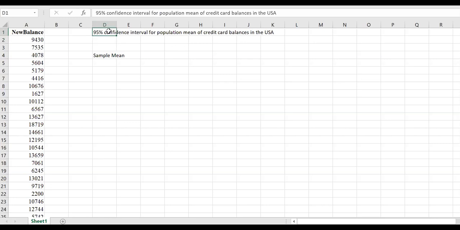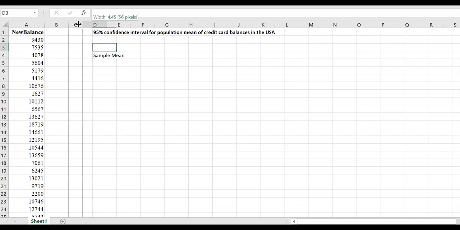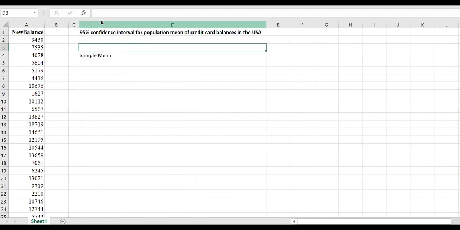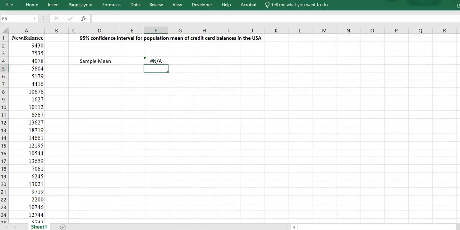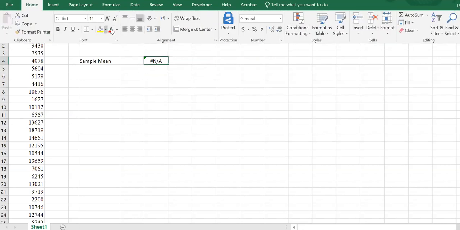All right, so this is what we are trying to find: the 95% confidence interval for the average credit card balance of US citizens. Now, I'm just going to format this.